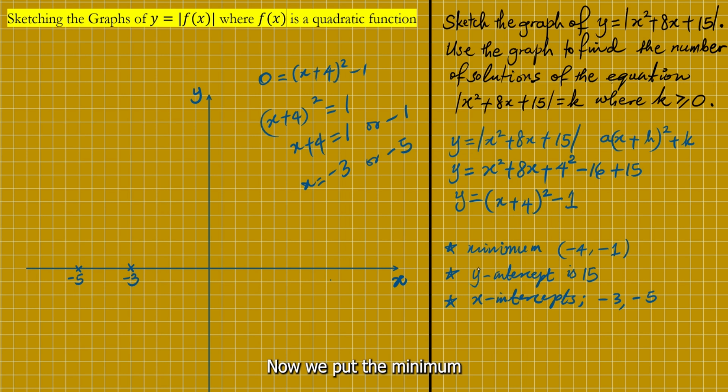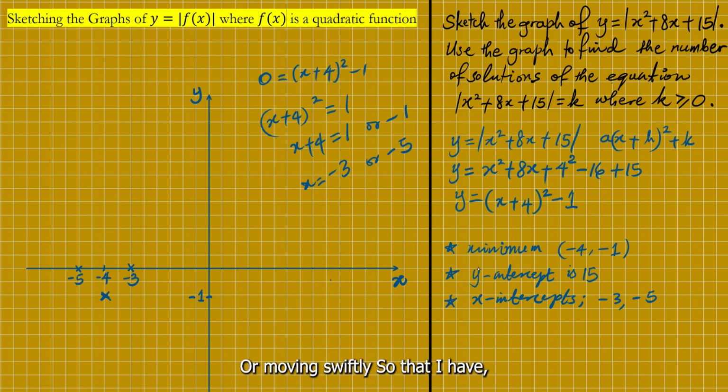Now we put the minimum, which is at negative 4, negative 1. So the minimum is just here, if you like. That's the minimum. So this is negative 1 for the y. And right here is negative 4 for the x.